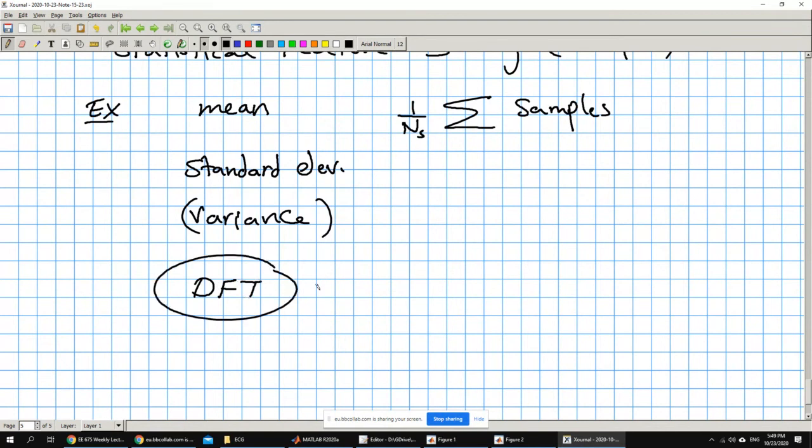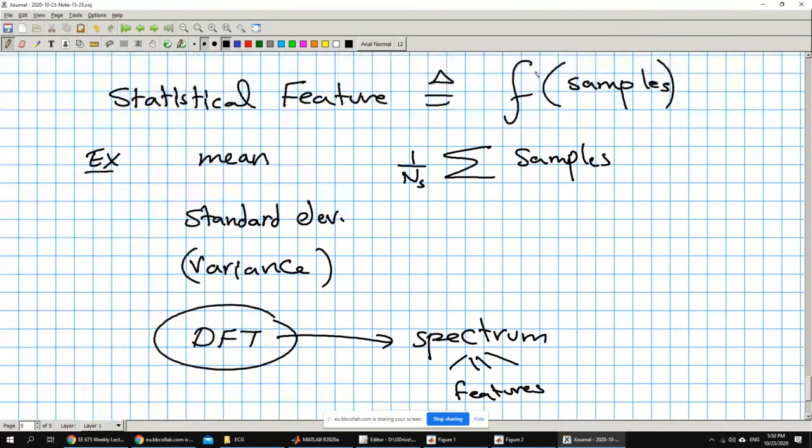The discrete Fourier transformation will give you the spectrum, right? Each point in the spectrum is a feature. Because each point in the spectrum represents something that looks like this, a function of the samples. Okay, and actually it's very useful.